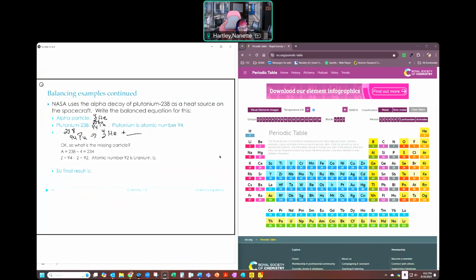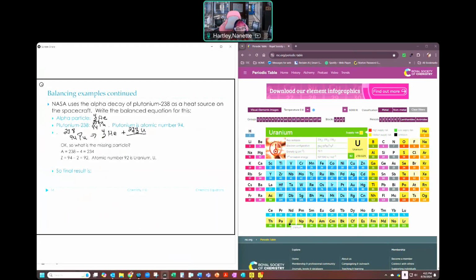So I take my 238 minus the 4, and that gives me 234. And I take that 94 minus the 2 from here, and that gives me 92. I look at my 92, and that's uranium. Uranium is U, so we put that right there.